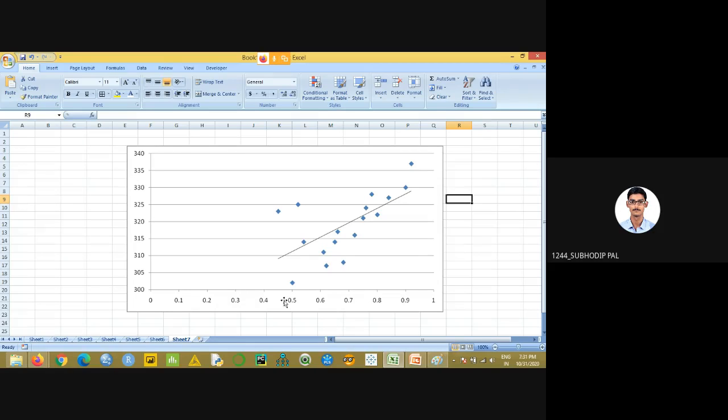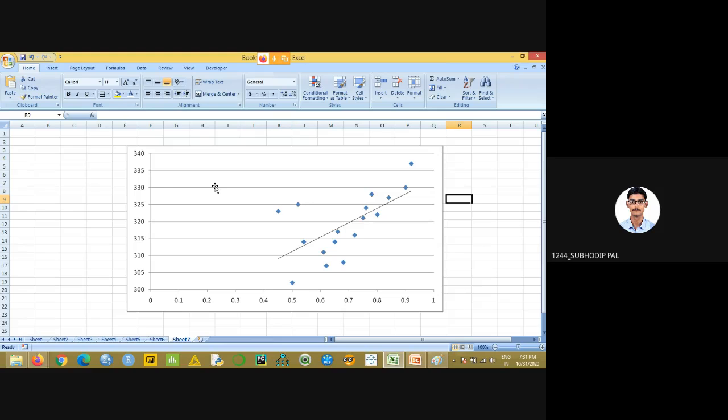This was, I guess, chances of admission, and this was the GRE score. Chances of admission depends on the GRE score, right? If your GRE score is high, your chances of admission in a particular university will be high. So I can check the relation using regression model also.